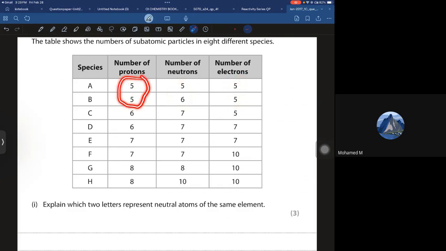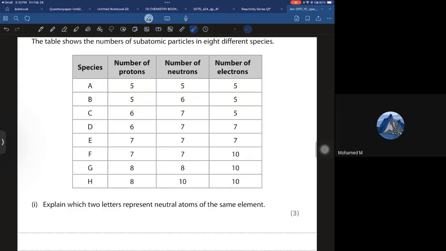So we can say that they are neutral atoms because they have the same number of protons and the same number of electrons. That's the reason they would cancel each other. As a result, I can say this is neutral. And they are called isotopes, basically.